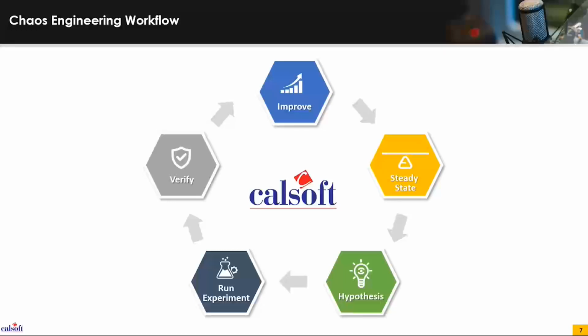Once we run the experiment, the next stage is verification, wherein we capture the response of the system when the fault is injected. Once we have this captured data, we compare the differences between the hypothesis we created and the actual metrics we are seeing.